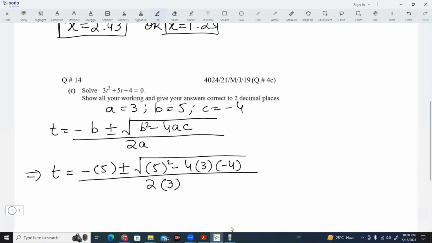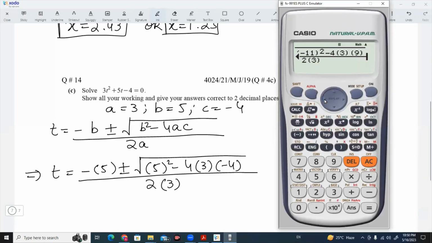So putting these values inside the calculator, the value of a is again 3. Changing the value of c, c is negative 4. Similarly, change the value of b, so it will be positive 5. So change this sign to positive, and it is positive 5.